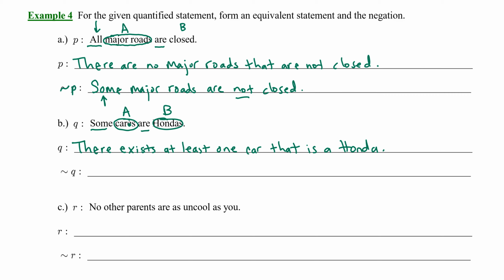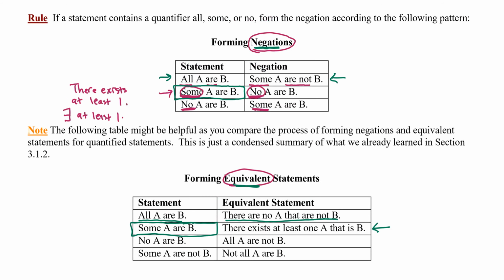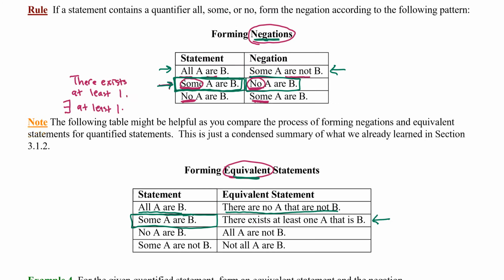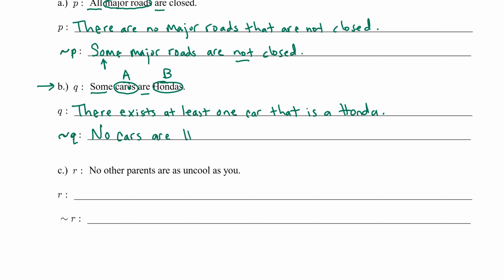Now, let's form the negation. The negation is symbolized by not Q. So our pattern is some A are B, and we want to form the negation. The negation is no A are B. So that's going to sound like no cars are Hondas.